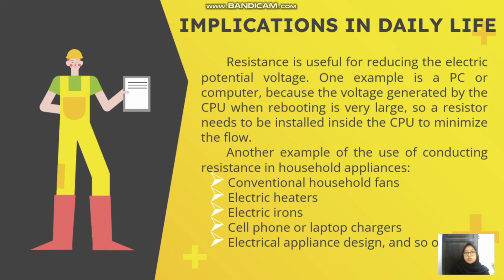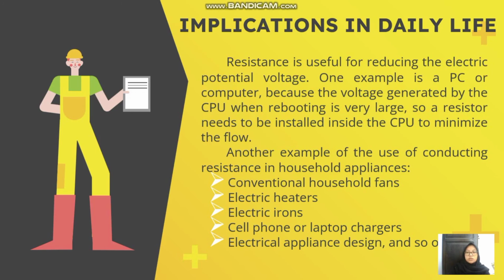Resistance is useful for reducing the electric potential voltage. One example is a PC or computer, because the voltage generated by the CPU when rebooting is very large. So a resistor needs to be installed inside the CPU to minimize the fault.